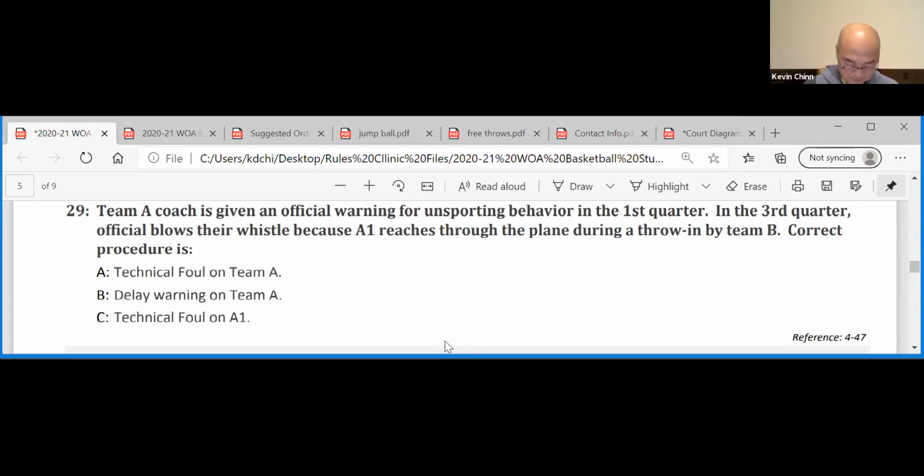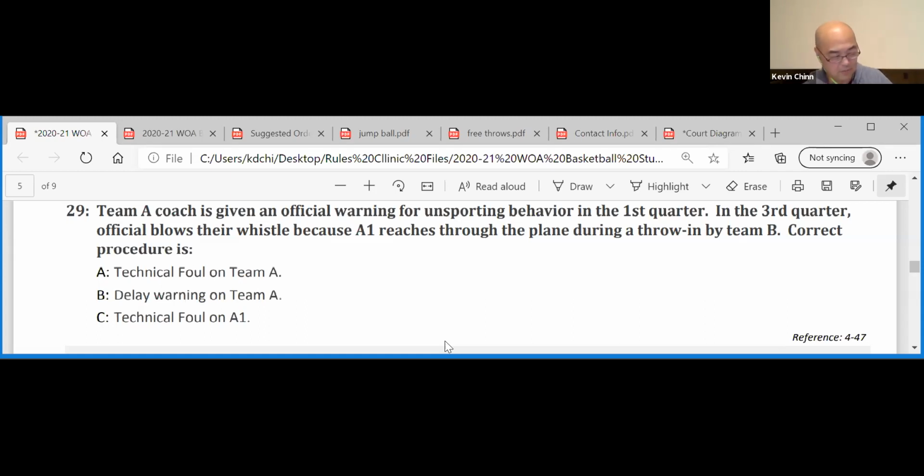Okay. So the correct answer for 29 is B, a delay of game warning on A. The reference I'm going to give you, and the reference on the test, is in the rule book, and there's a very good example on 9.2 under penalties, which is on page 58.